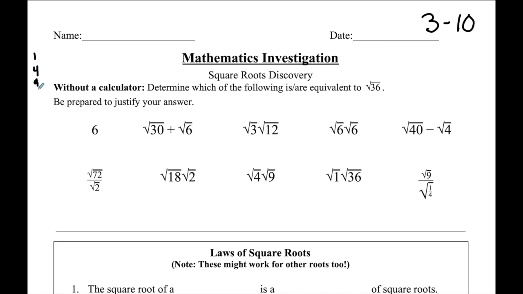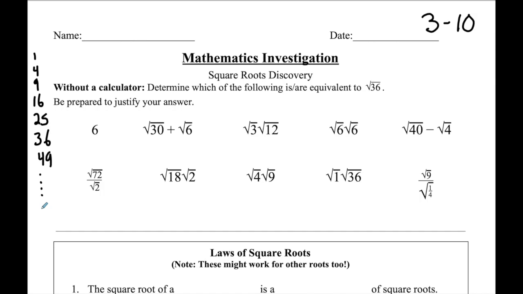All right, 9, 16, 25, 36, 49, and I think they went on for a while. I think that my poster goes all the way up pretty high. Okay, and so we talked about how to take a complicated square root and break it down. Okay, and this has to do with what we call the laws of square roots. Okay, and so this investigation's purpose is to discover those very laws.